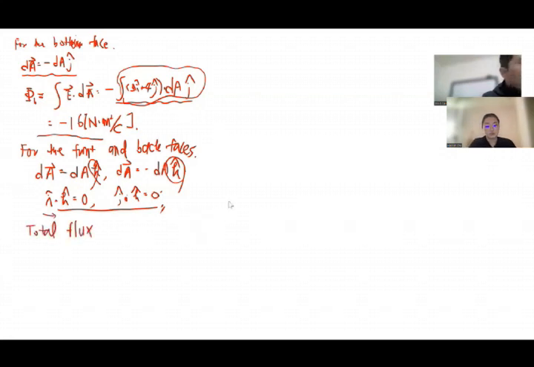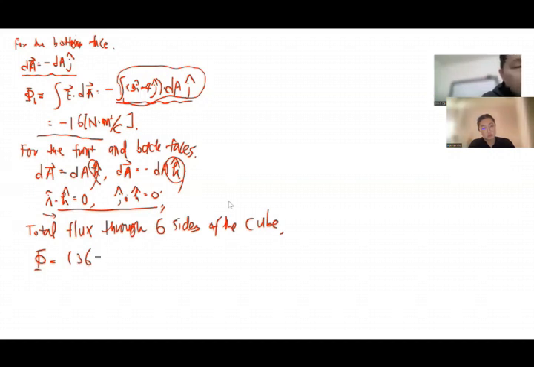So the total net flux through the six faces of this Gaussian cube is given by six numbers: minus 12 plus 16 minus 16 plus 0 plus 0 Newton meter squared per coulomb.